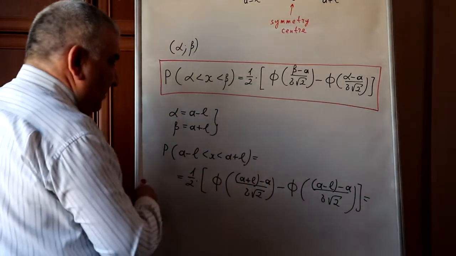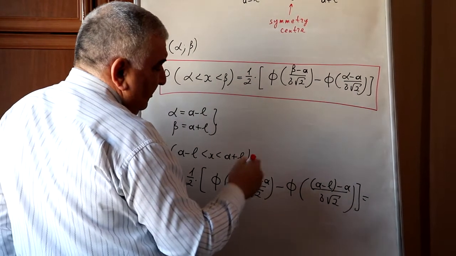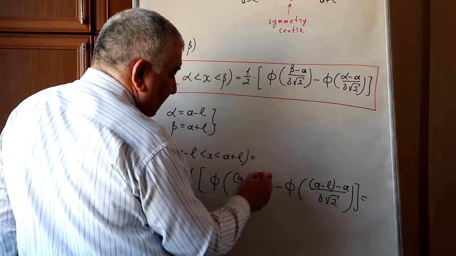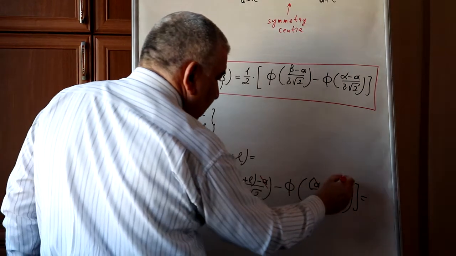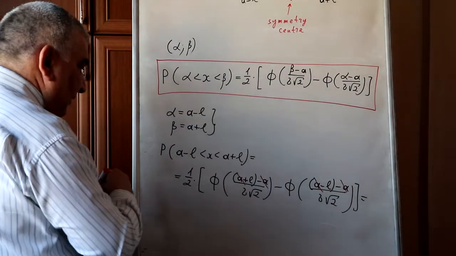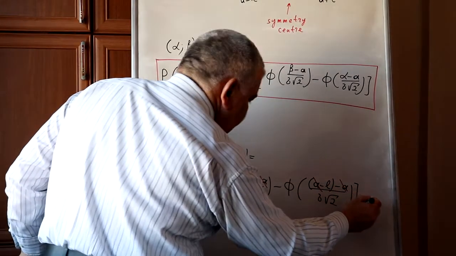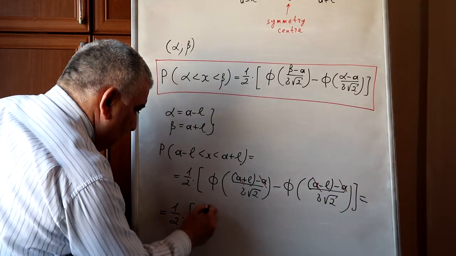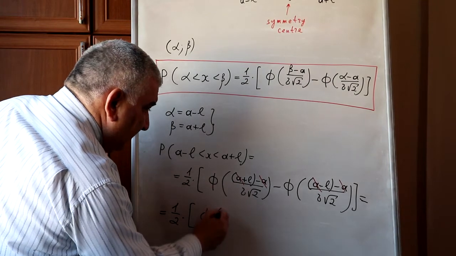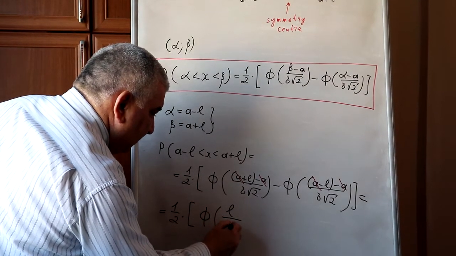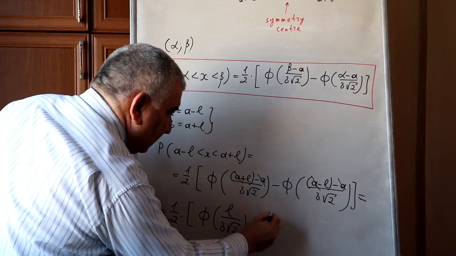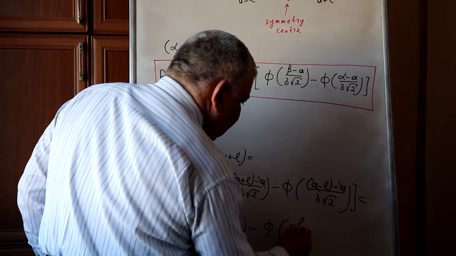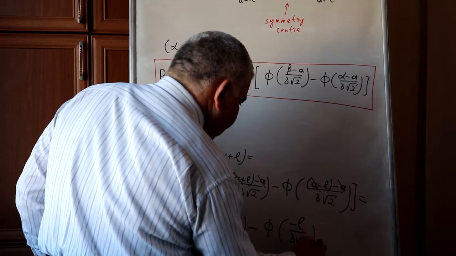Here a and minus l will be deleted, removed. Then we will have equals 1 second multiplied by phi of L over sigma square root of 2 minus phi of minus L over sigma square root of 2.